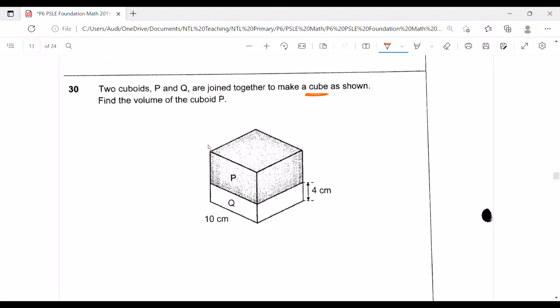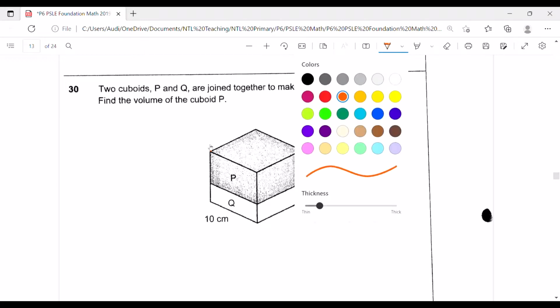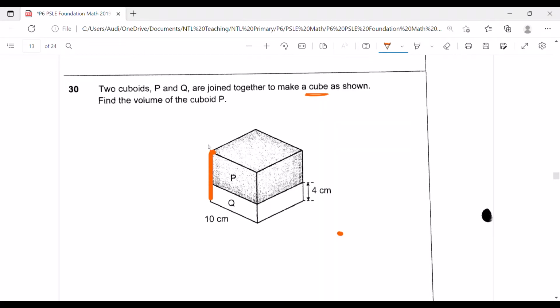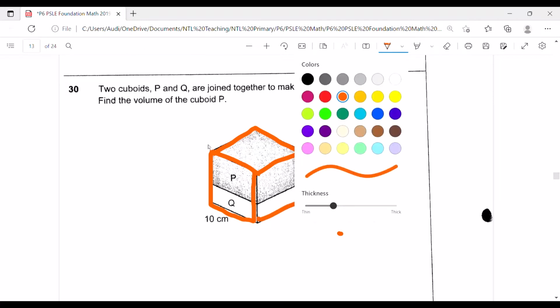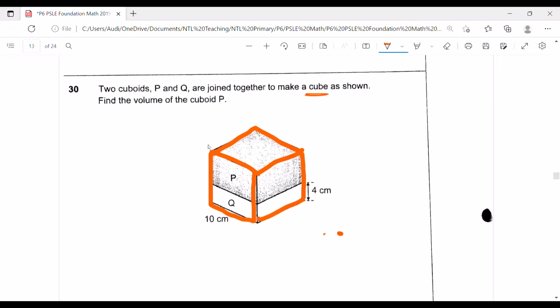So they say that this here is a cube. So all the sides are the same length. And so, because this is 10 cm, this must be 10 cm, and this whole thing here must be 10 cm. Everything is 10 cm.